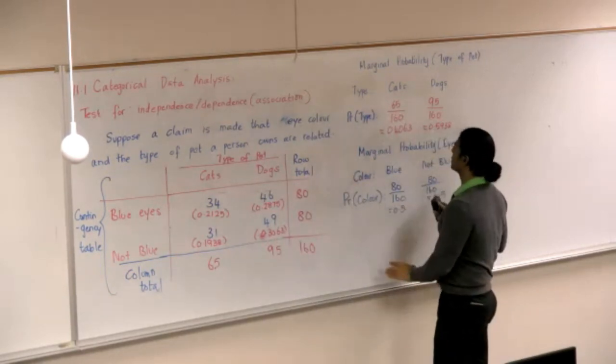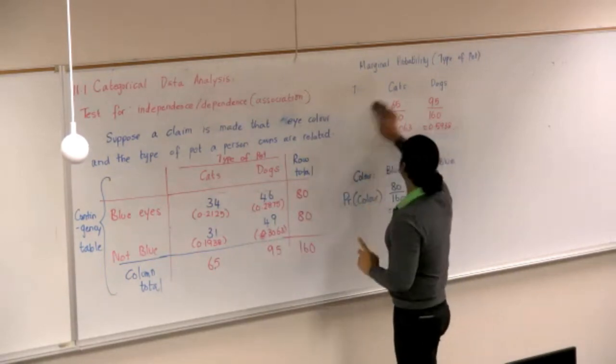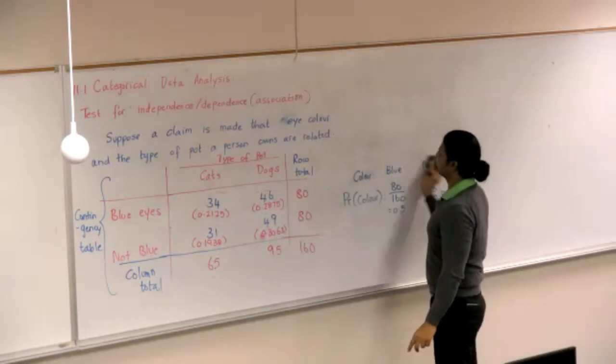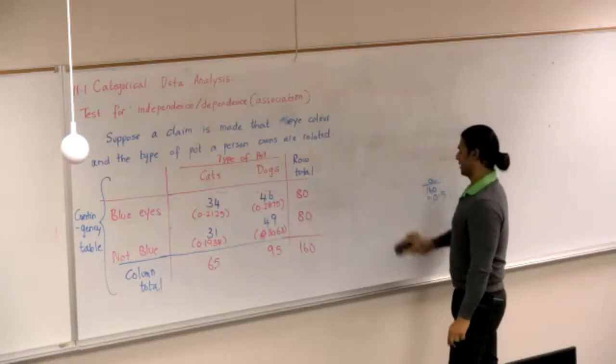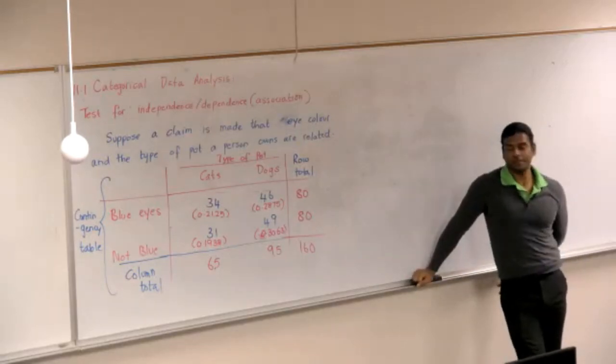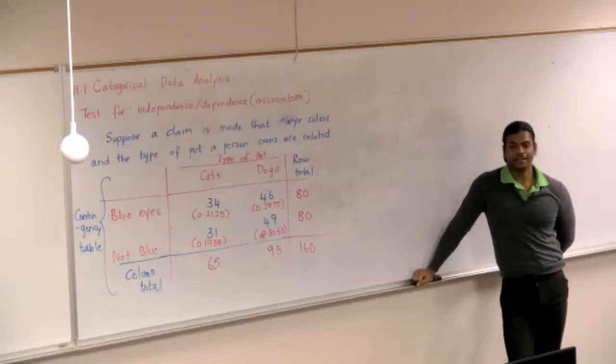But before I do that, let me ask you this question. Just by looking at that table, do you believe that there is an association between the type of pet and eye color?